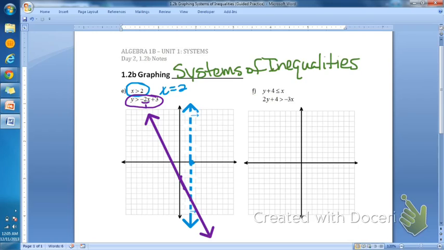And just like before, I need to ask myself, is this line supposed to be solid or dashed? There's no equal to sign underneath my inequality symbol, so this is also a dashed line.